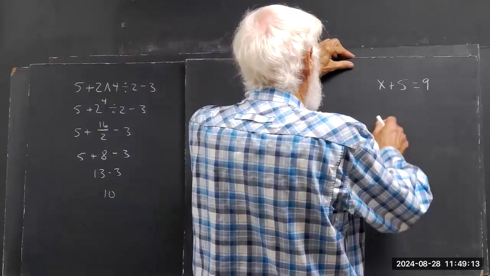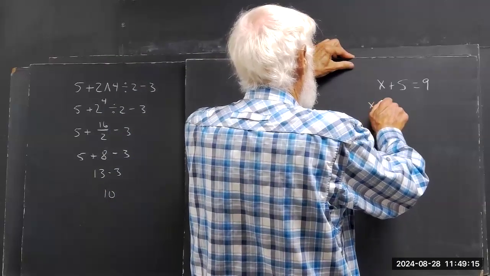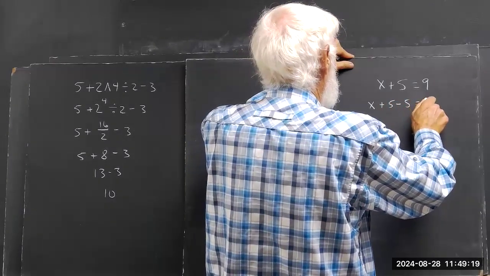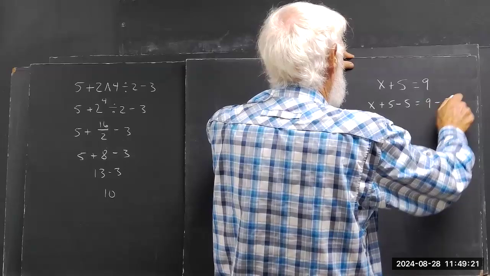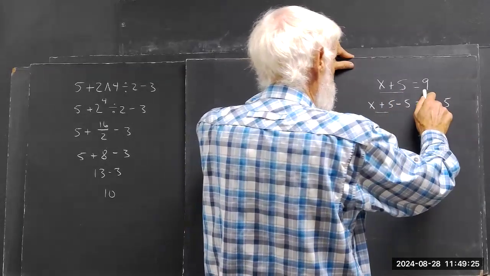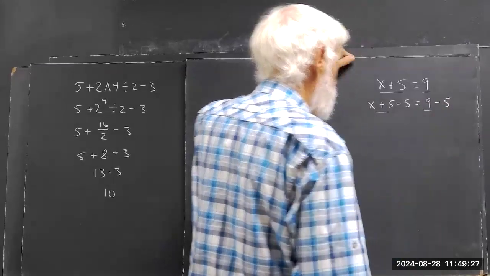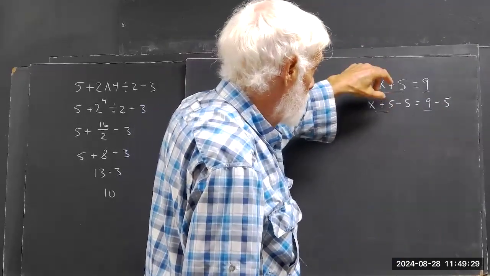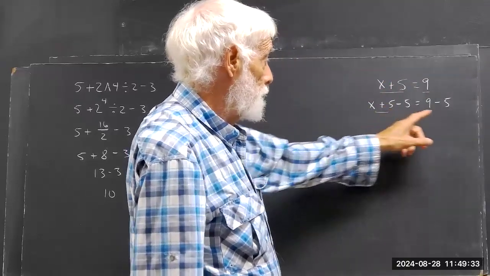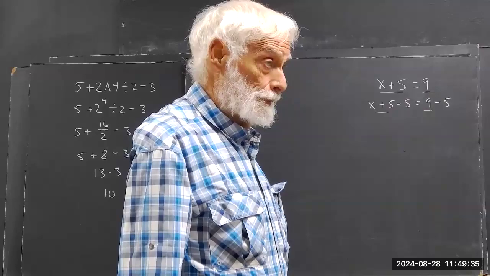Okay, now the way I would write this out is x plus 5 minus 5 equals 9 minus 5. Because I've got my x plus 5 here, I've got my 9 here. So I've got the left hand and the right hand side of the previous equation, and then I subtract 5 from both sides.